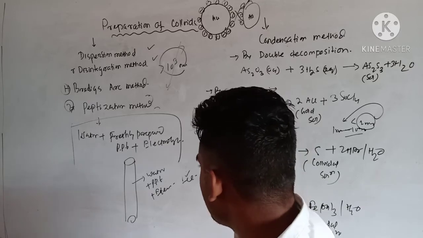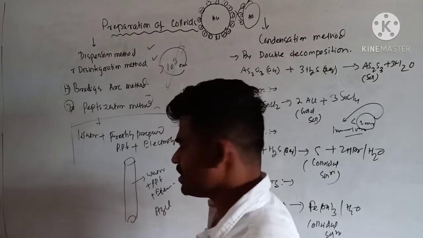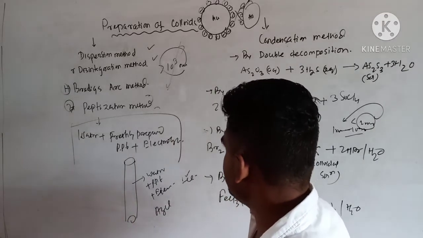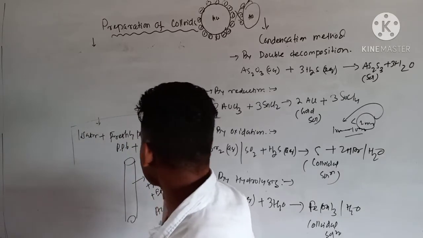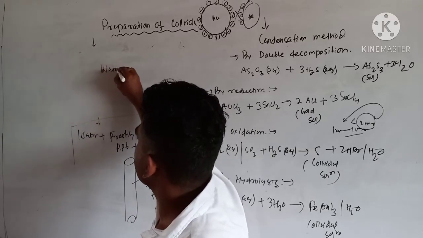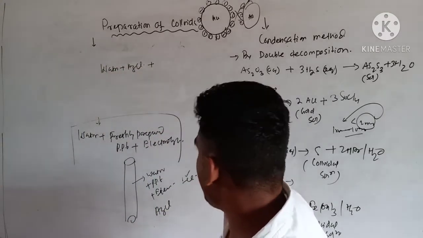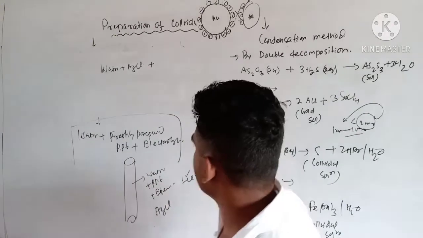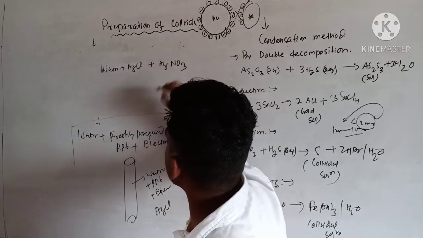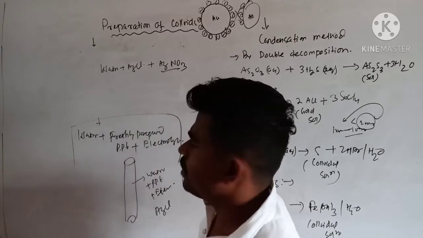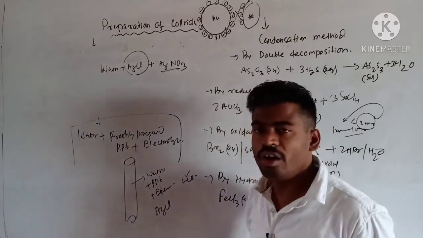Just imagine, for example, let's say the freshly prepared precipitate is silver chloride, AgCl. Water plus AgCl plus an electrolyte, which I am considering over here, let's say AgNO3. The electrolyte you consider over here should have an ion common to that of your colloidal sol.